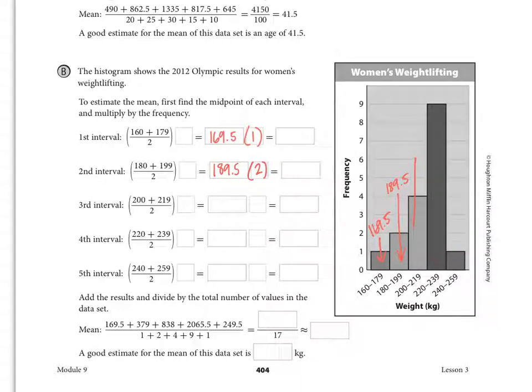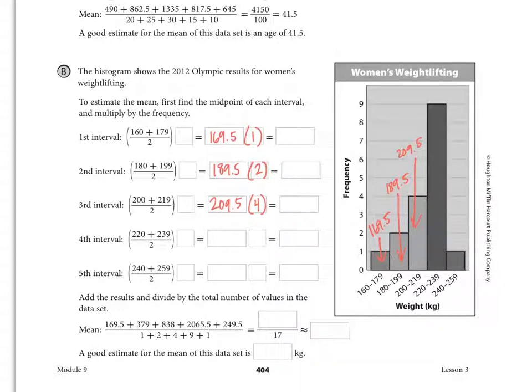Now in this third histogram bar, 200 to 219, the halfway point inside of that interval is 209.5. If I find that average, and I have 4 of those, I could do 209.5 plus 209.5 plus 209.5 plus 209.5, or I could just take 209.5 times 4.